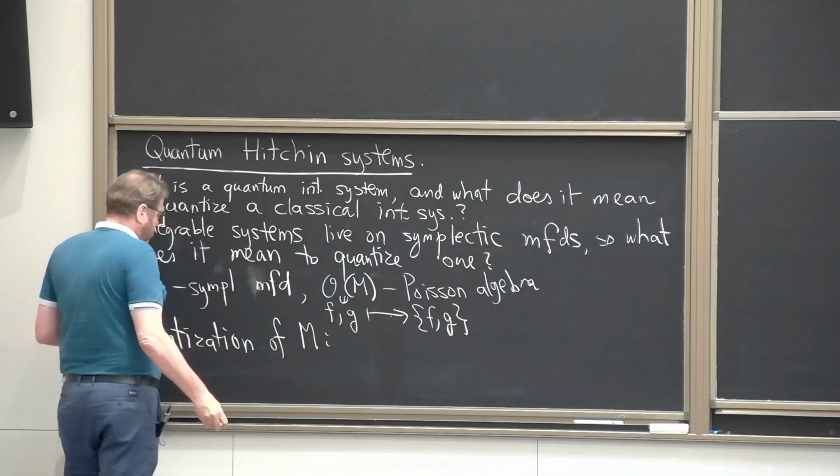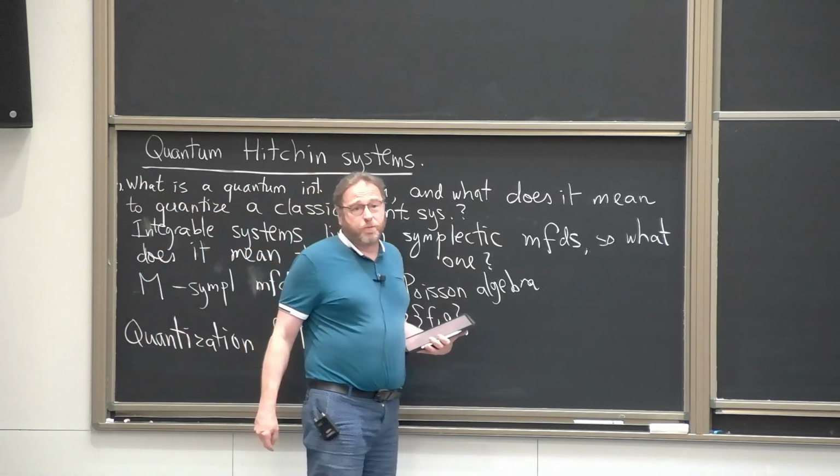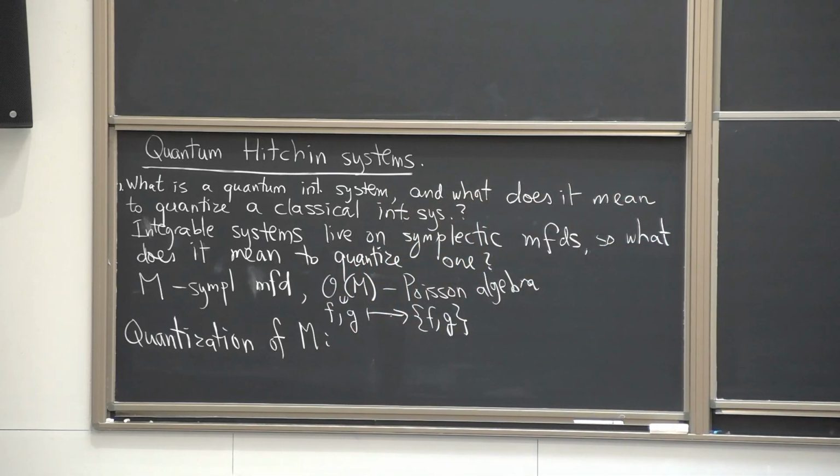The quantization of M means that we replace observables by operators, which first of all means that they will still form an algebra, but they won't commute anymore.